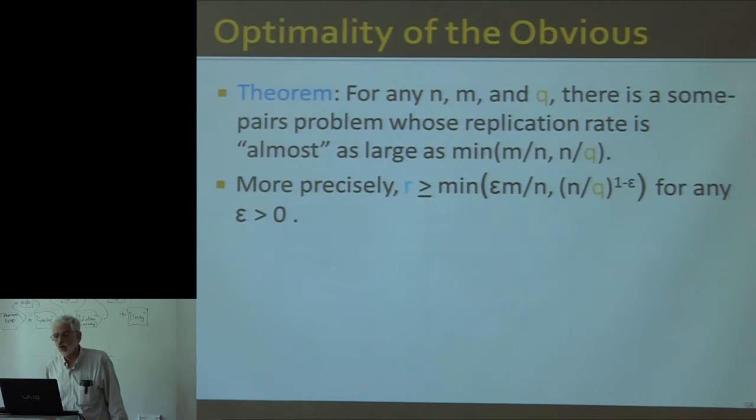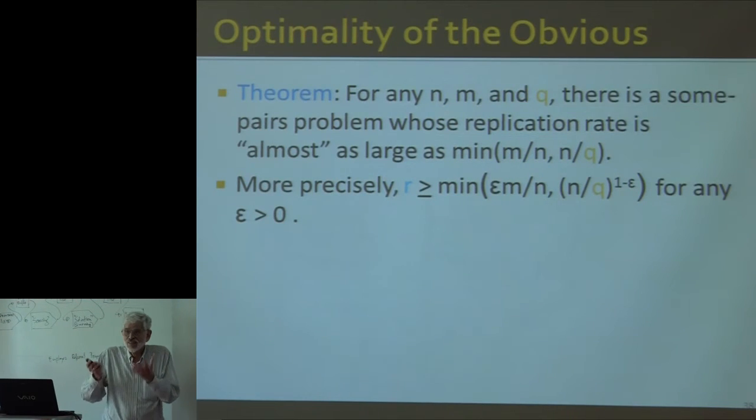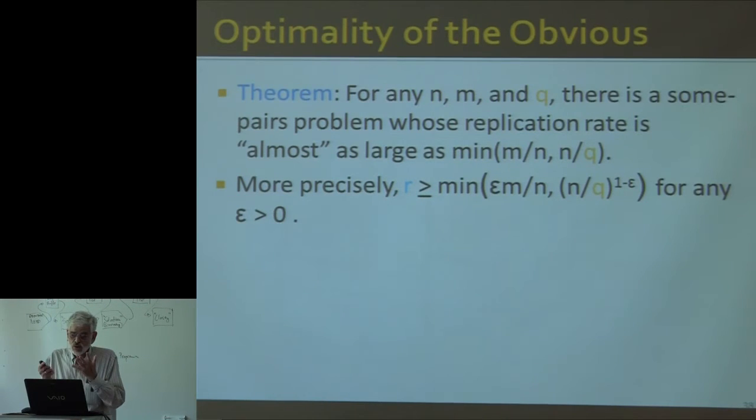Okay. Well, here's the formal statement of it. It says for any epsilon greater than 0, you've got to have R is at least the smaller of epsilon times m over n, that's using the second algorithm, or the cost of the first algorithm, n over q, raised to the power 1 minus epsilon. Okay. So it says that there's no real daylight between what you actually need in some cases and those two obvious algorithms.